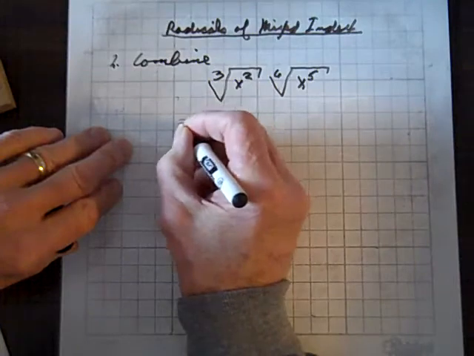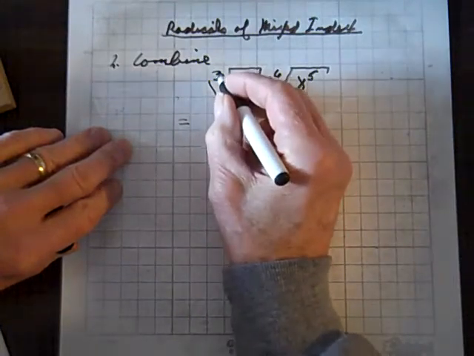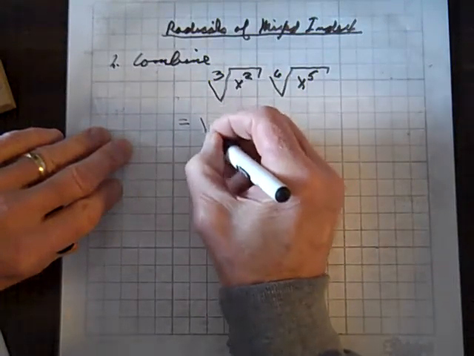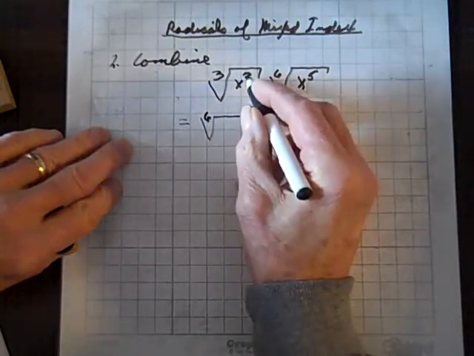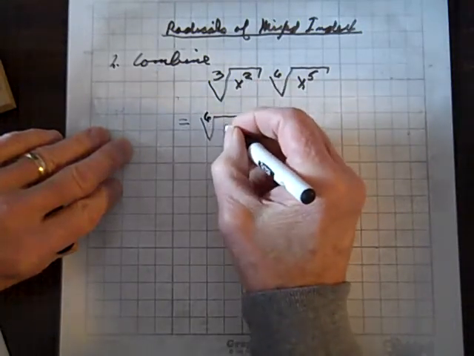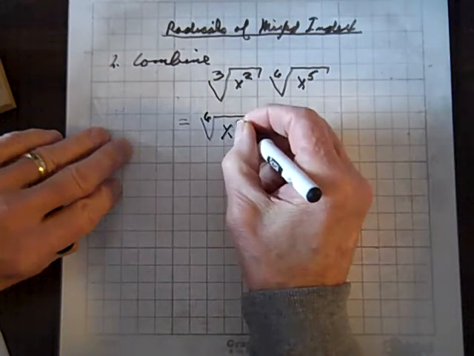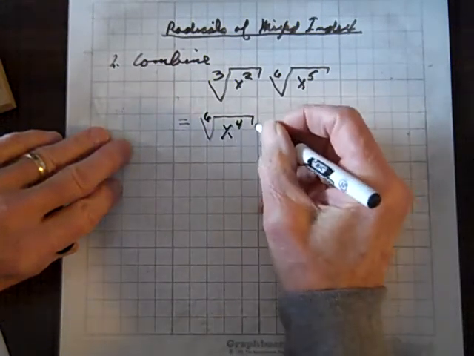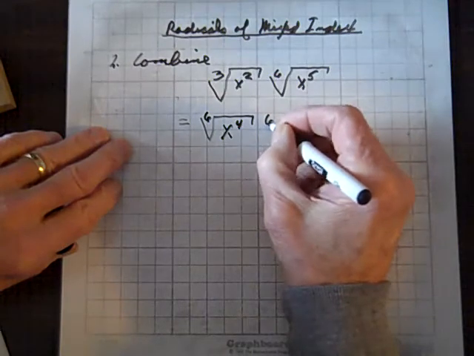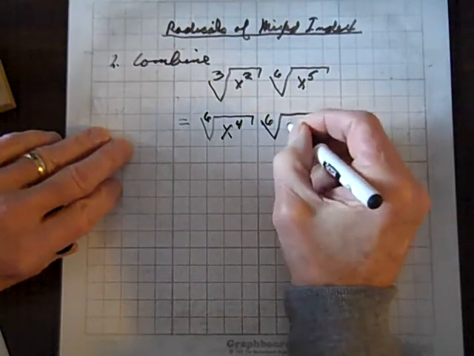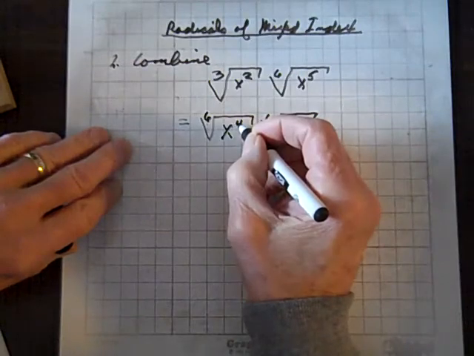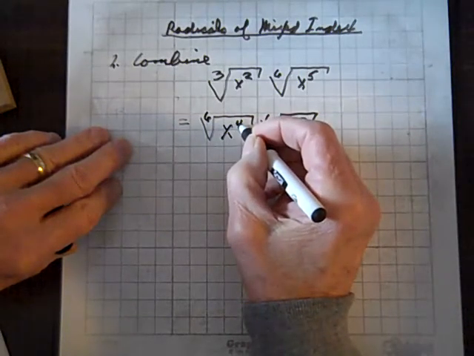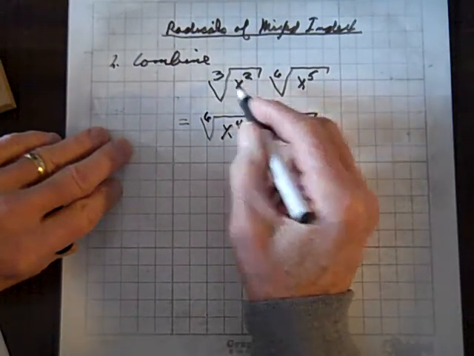And so multiplying 3 by 2, we get the 6th root, and multiplying 2 by 2, we get x to the 4th. And now we have the 6th root here and x to the 5th. And notice, if we were to divide each of these values by 2, we'd be right back where we started from.